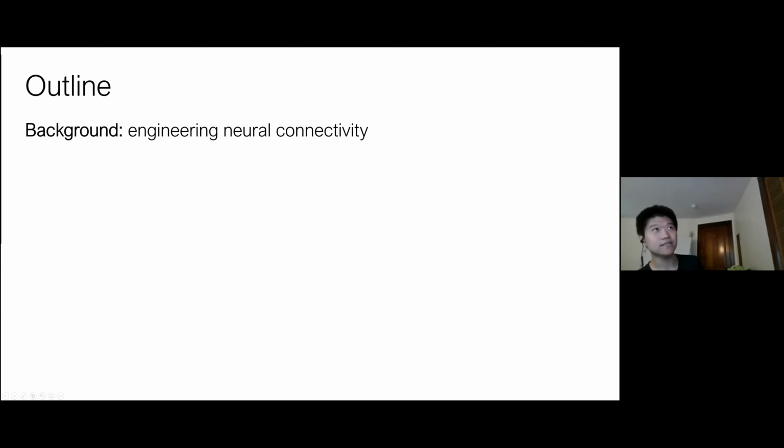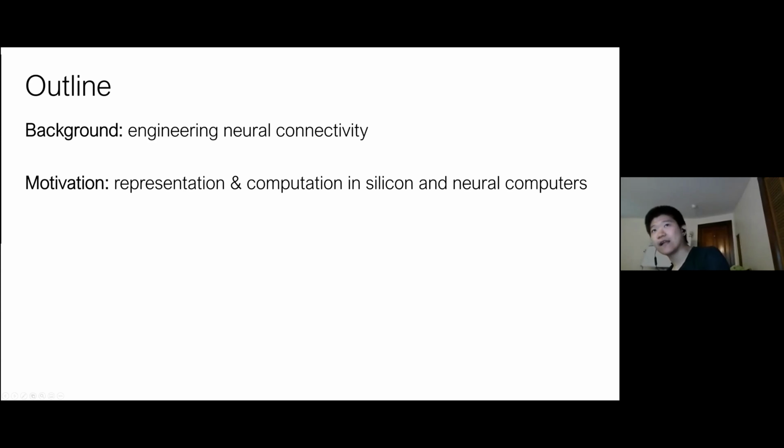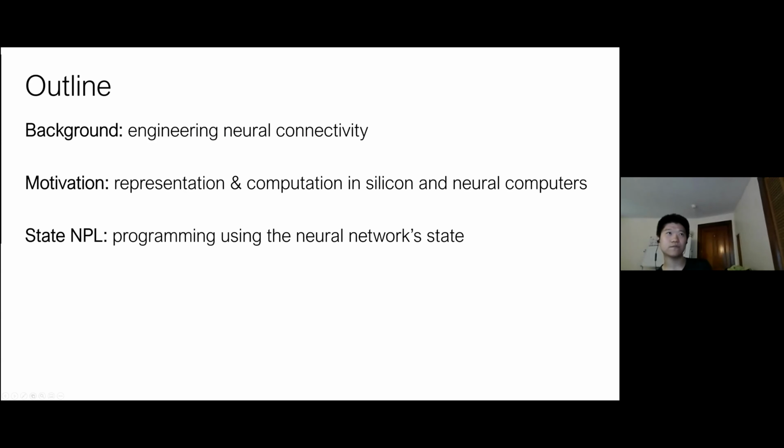So the outline for this talk, first I'll go a little bit into where I'm coming from, because it's definitely not machine learning. You can typically think about the things I like to do as engineering neural connectivity. Then I'll go into some motivation for the representation and computation in silicon and neural computers.